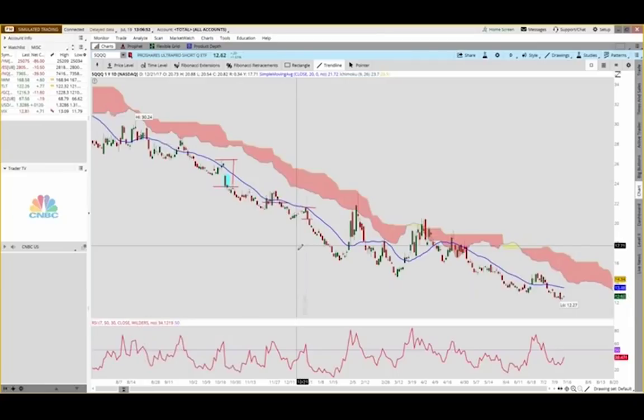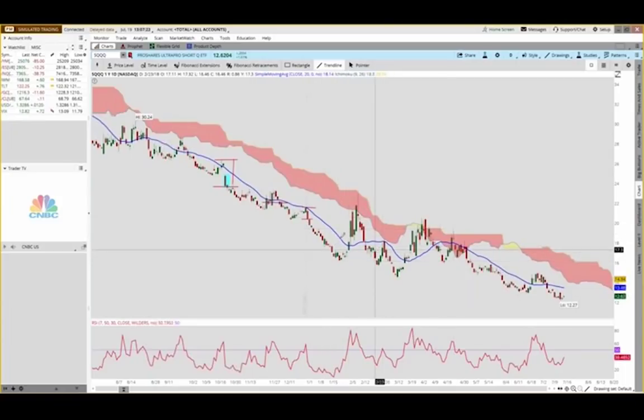Now, as far as an exit strategy, there are many. In the pro class that we have for this, we teach 6 different ones because everyone's got a different style. So we want to give everyone an option, something that'll suit their style. But very simply, you can either wait for a close on the other side of the moving average. You can follow it a little more tightly with a tighter moving average, like an 8 EMA, for example, and wait for a cross on the other side of the 8 EMA.